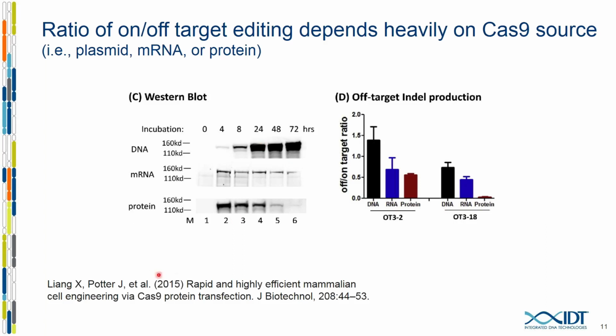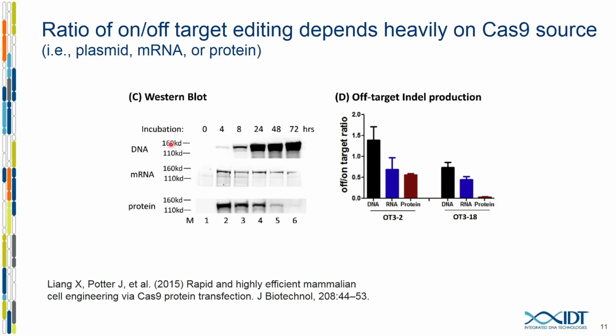And what they've shown in this very nice experiment is a Western blot where they show you where Cas9 is and how long it persists as a function of time and also as a function of delivery mechanism. And they correlate that with detecting levels of off-target editing.